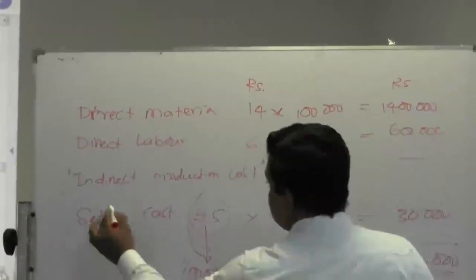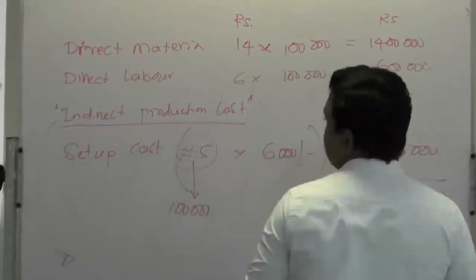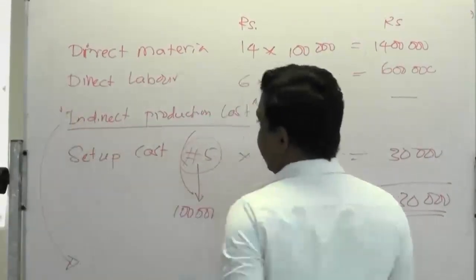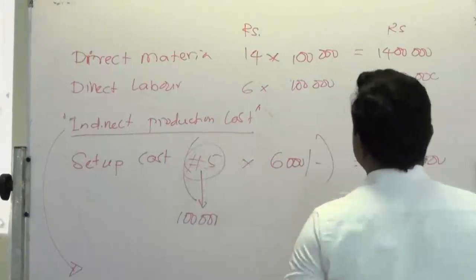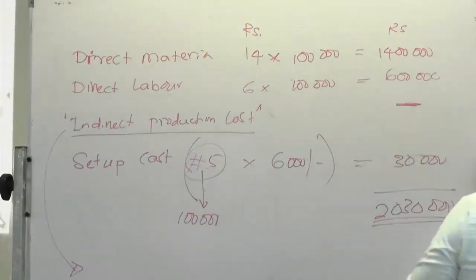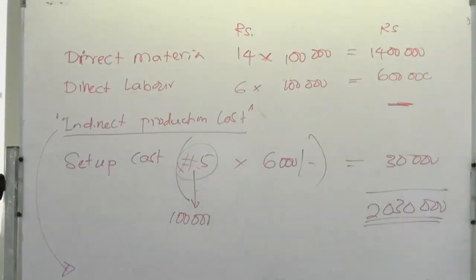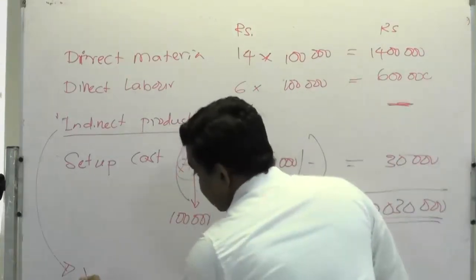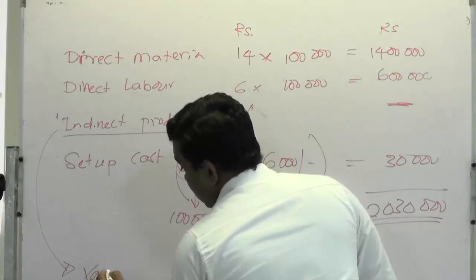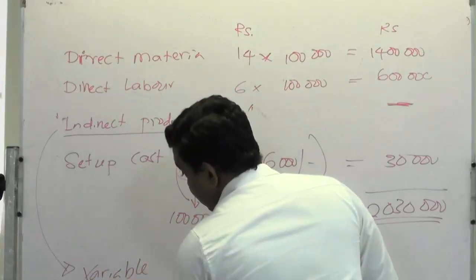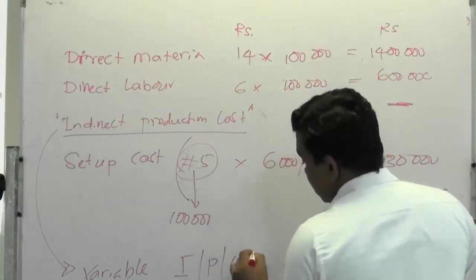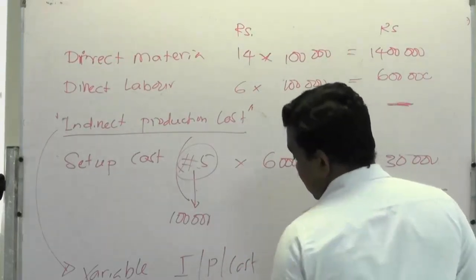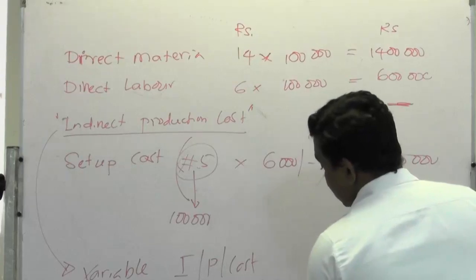If I just take indirect production cost, you can't take it to the total relevant cost. However, question said variable indirect production cost, that is very important, 1 rupee per unit. Therefore you have 100,000 units.